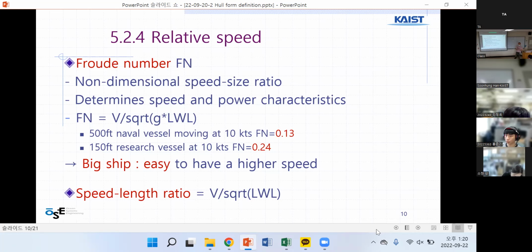Which ship is faster? Probably the Navy ship, the battleship should be fast. How can you express the high speed of each ship as a number? So he developed this Froude number, the speed-size ratio.